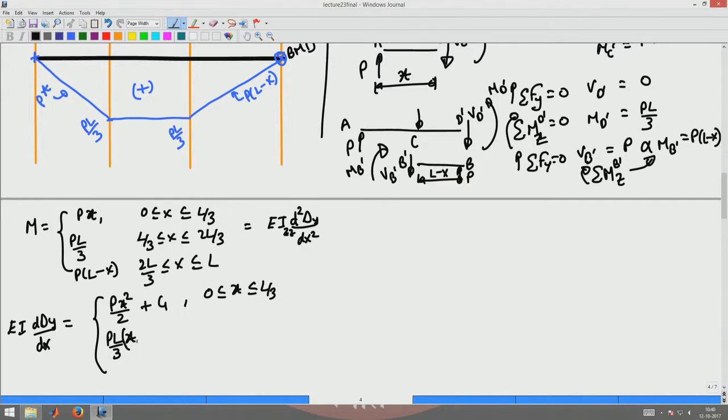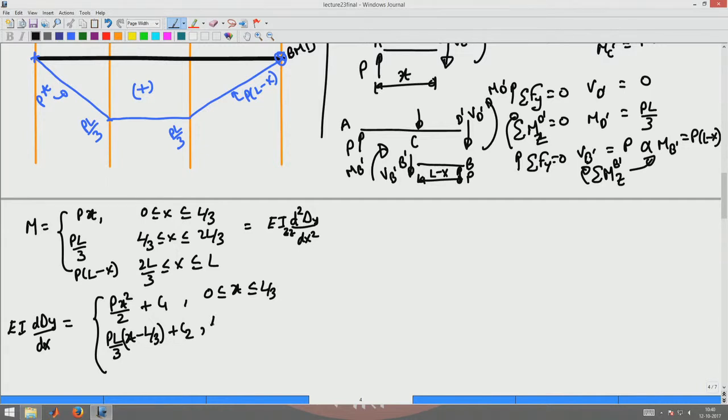I will write it as (x minus L by 3) plus C 2. The C 2 constant now will be the actual integration constant plus P L square by 9. I am doing this because the calculation becomes simpler, since I want this term to go to 0 at x equal to L by 3.